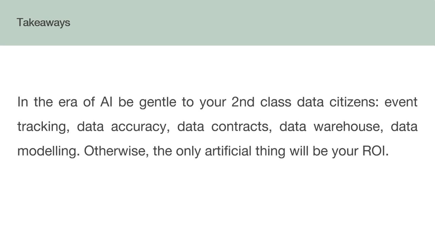You can't do AI and machine learning without event tracking, data accuracy, without having contracts in place with your product and operational teams, without having a data warehouse, a data lake, without having good ways of doing data modeling. If you don't do these things, the only artificial thing you'll have will be your ROI.